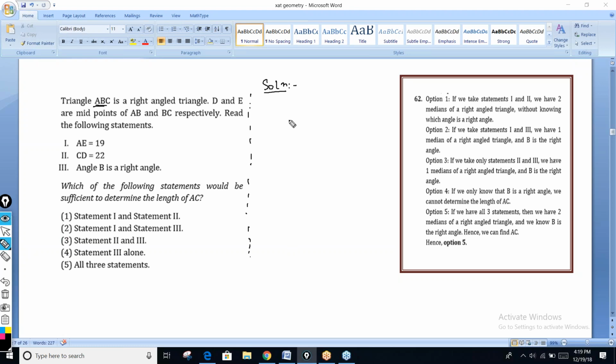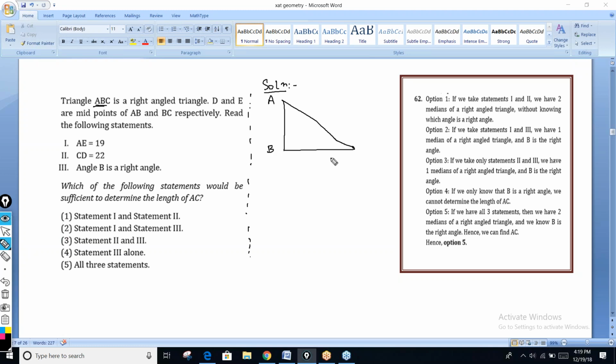So I cannot directly draw ABC as a right angle triangle by taking B as 90 degrees. It can be any point which is 90 degrees, so we do not know. D and E are the midpoints of AB and BC respectively.